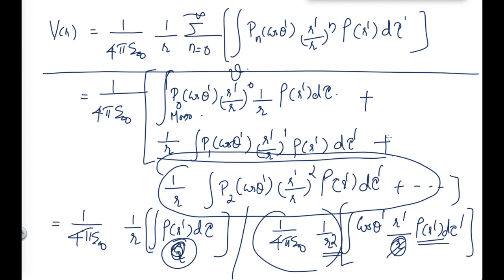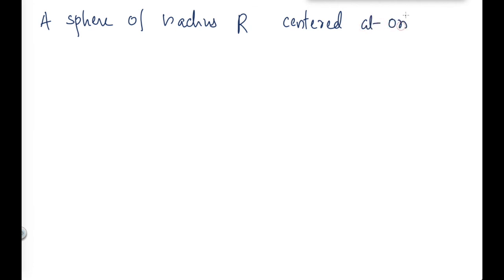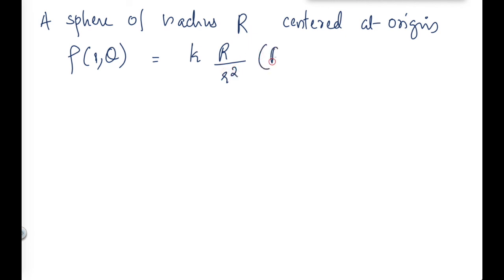So I'll give you an assignment for this. A sphere of radius R and center at origin has a charge density of rho of r, theta equal to a constant k into 1 by r square into R minus 2r sin theta.